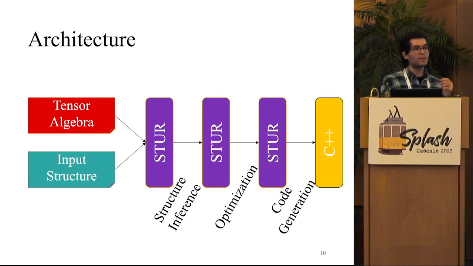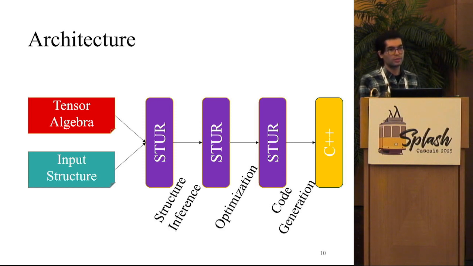So to know how we can do that throughout our framework, we need to know a bit about the architecture of our framework. So our system takes tensor algebra and the structure of the inputs as an input. So we have basically tensor algebra computation. We have the structure of all inputs there. And then we have a structured tensor unified representation, STUR. Why it's called unified representation, I'll go through that later. We pass it through STUR, and it does structure inference.